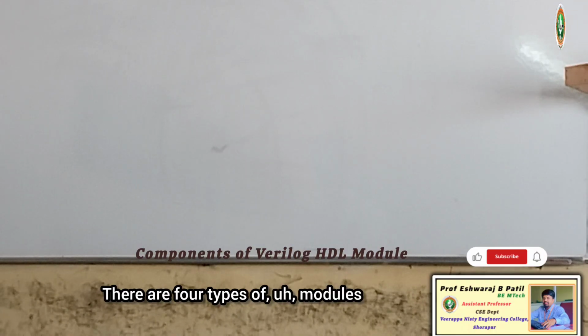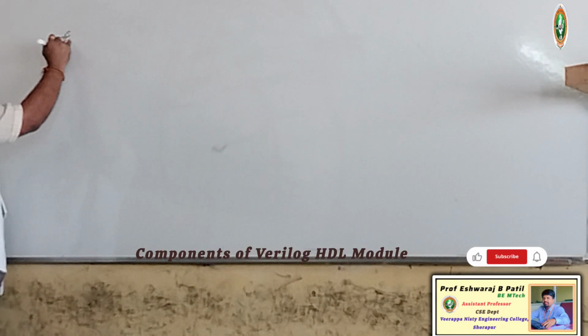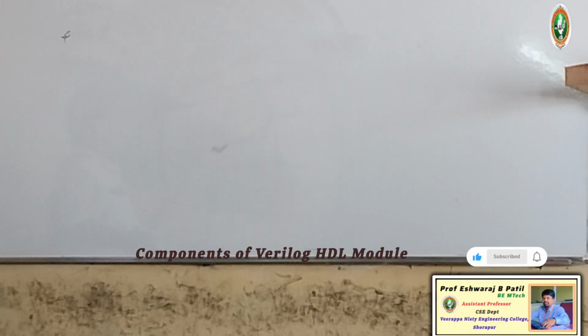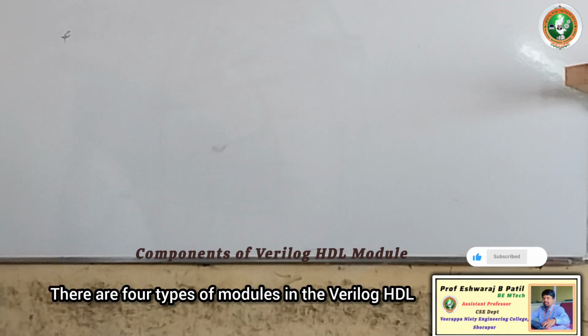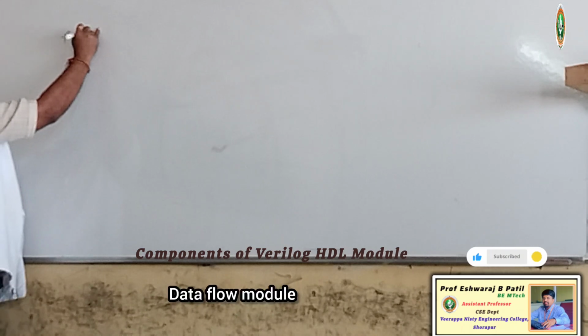There are four types of modules in Verilog HDL. Which are those? First one is the data flow model.